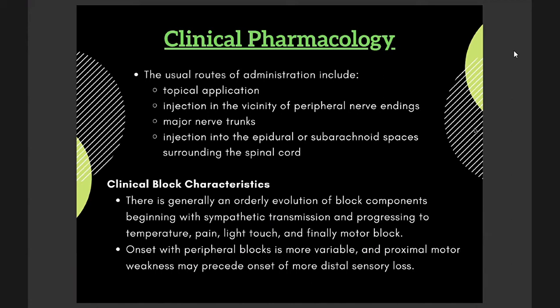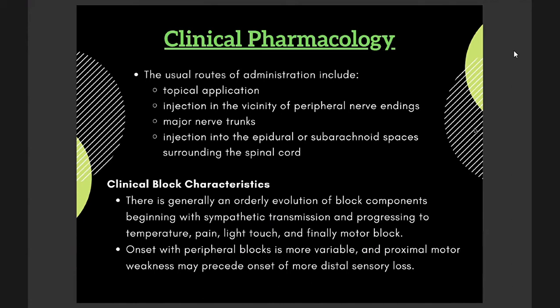This is differential block because if you only want to block your sensory function, you give a lesser concentration of your local anesthetic. But when you want relaxation, meaning a motor block, then you give a higher concentration of your local anesthetic.